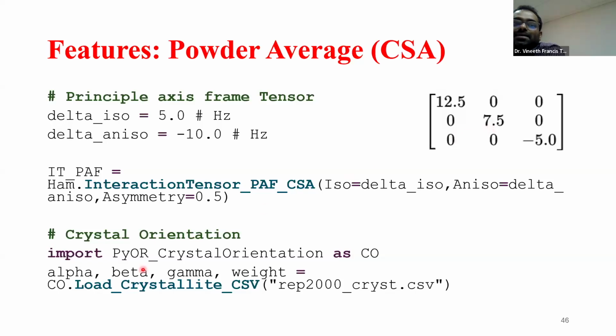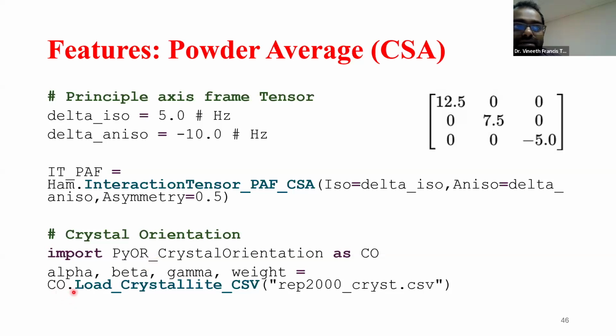Now, to get the crystal orientations, you can define your own alpha, beta, gamma, and their weights, but I have made some example files from Simpson, which are defined in this module.